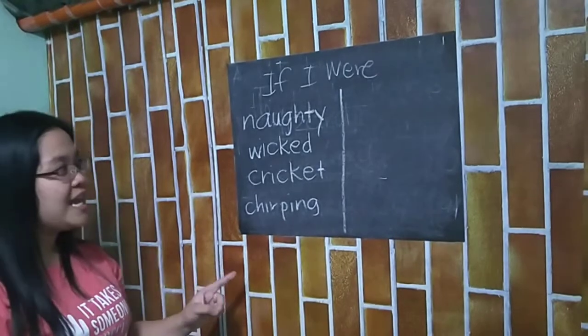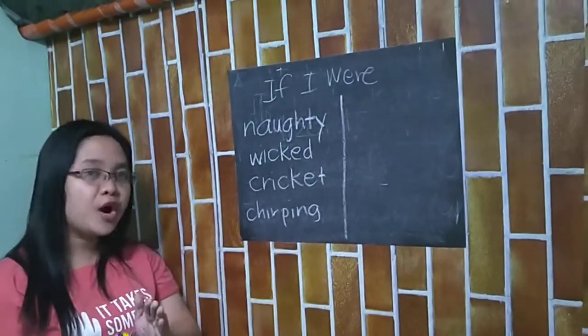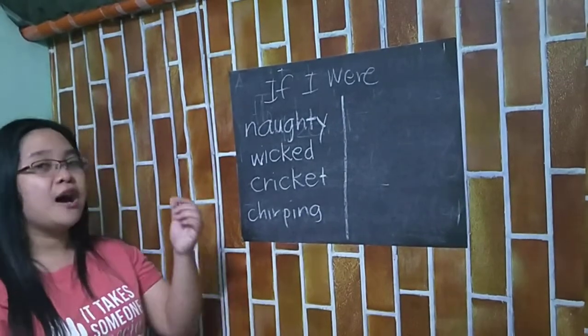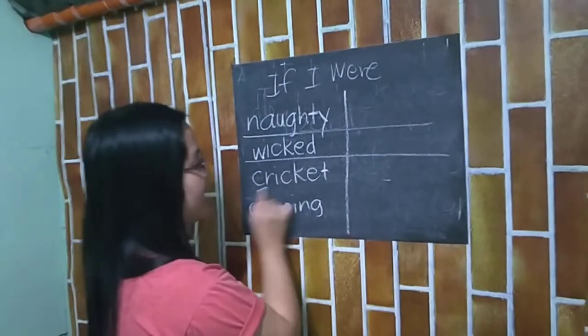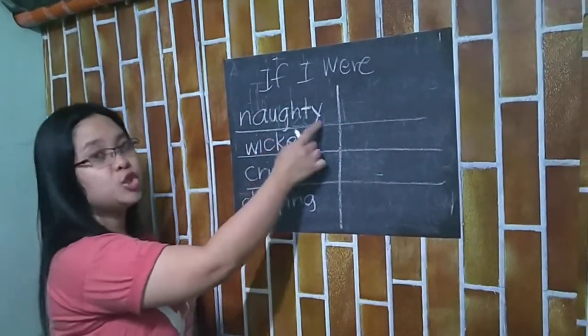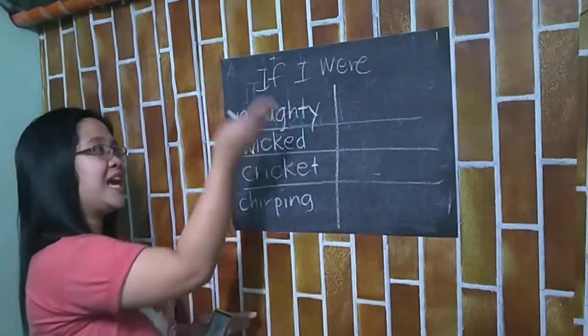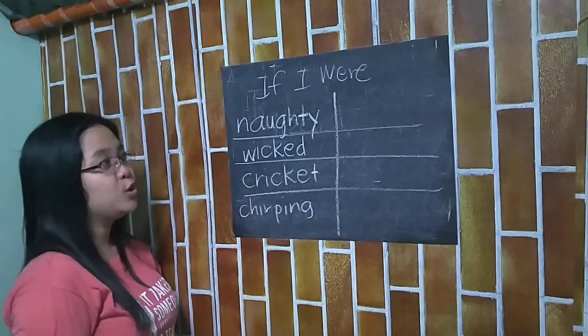By finding the vowel sound, because each part should contain a vowel sound. So let's do it one by one on our example words on the board. We have the first one, the word naughty. So what are the smaller parts that we can get from this word naughty?